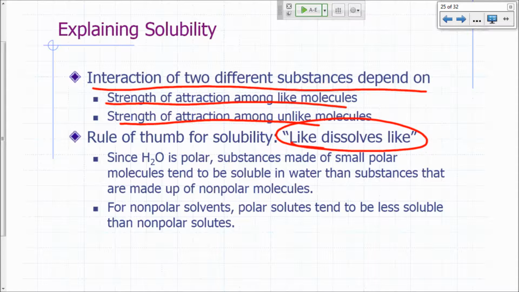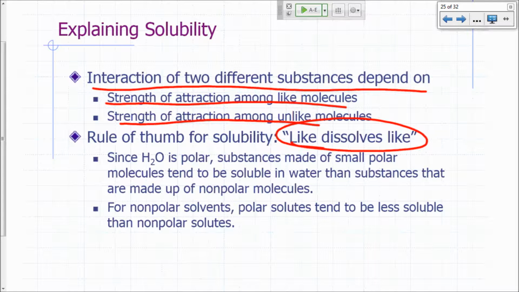So if you have a molecule that's very similar to water, they can interact with water the way water would interact with other water molecules, you would expect it to be soluble in water. But if they're not able to interact strongly with water molecules, so the structure is very different, then more likely it's going to be insoluble in water.